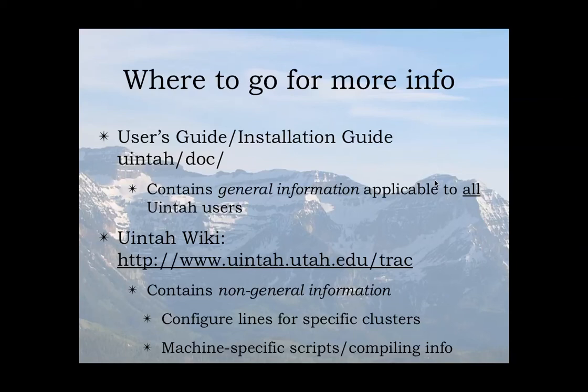So it's general information related to Uinta that can be used by anybody. The Uinta wiki, on the other hand, contains non-general information. So if there's a cluster that you're running on and you have a configure line that's specific for that cluster, or if there's something you have to do to make Uinta run on that particular cluster, then that's where that information goes.